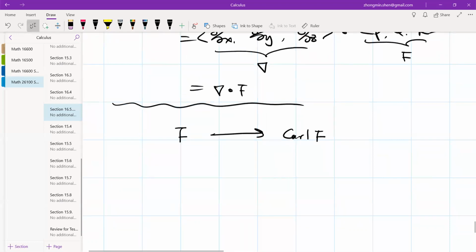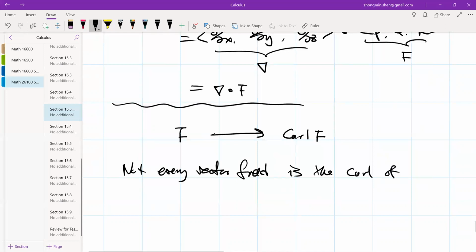So what I should say here is, not every vector field is the curl of a vector field. What does that mean?